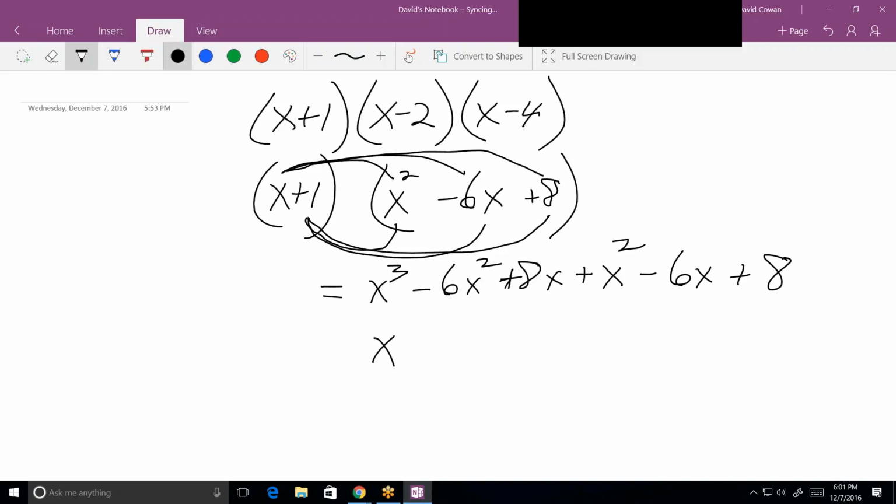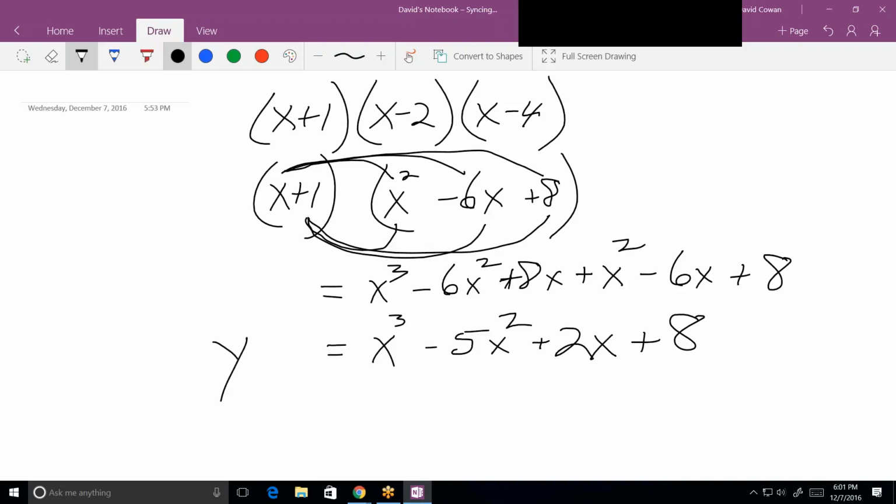We'll have negative 5x squared. And how many x's do we have? 2. Plus 2x plus 8. So there is our polynomial.